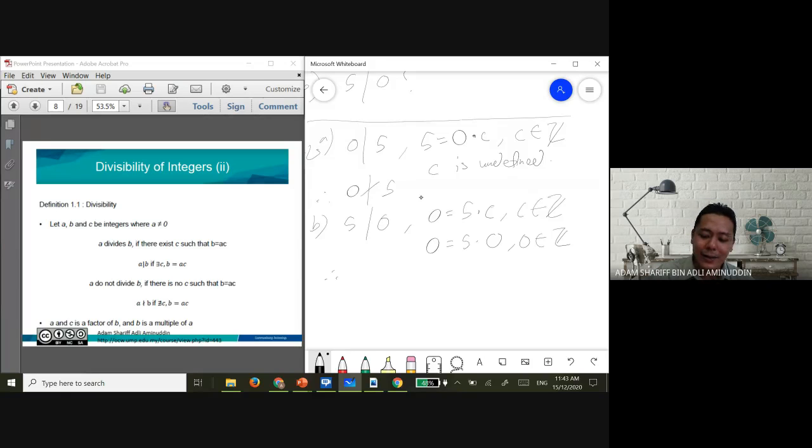Therefore, it is conclusive that 5 is a factor of 0. And indeed, every integer is a factor of 0. Is my claim right? Is 0 a factor of 0? Of course: 0 equals 0 times C, and C must be 0 as well.